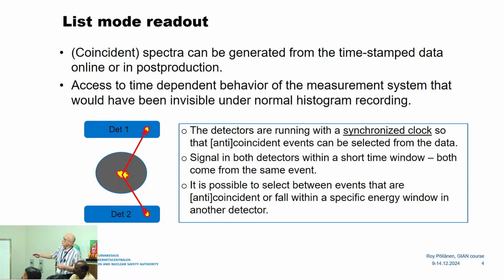So, the point is that the detectors are running with a synchronized clock. This is important, so that coincident or anti-coincident events can be selected from the data using post-processing. So, if there is a signal in both detectors within a short time window, they both come from the same event.